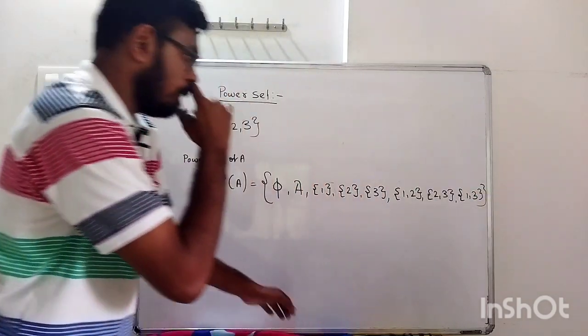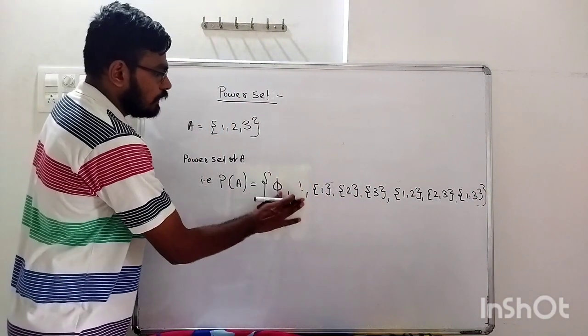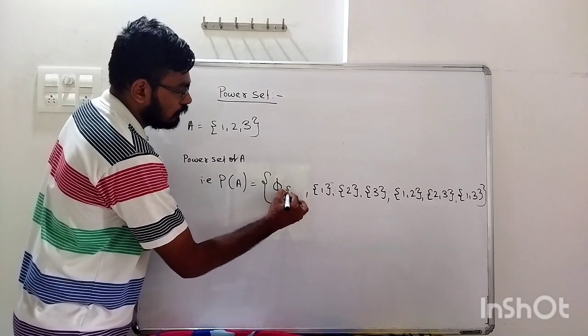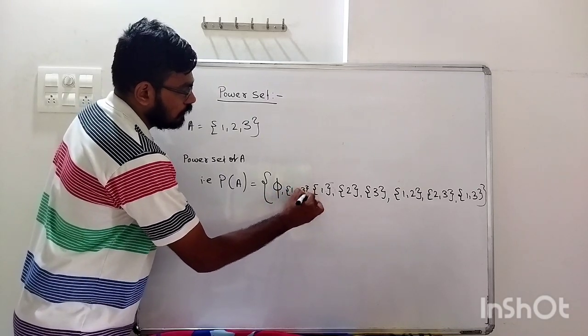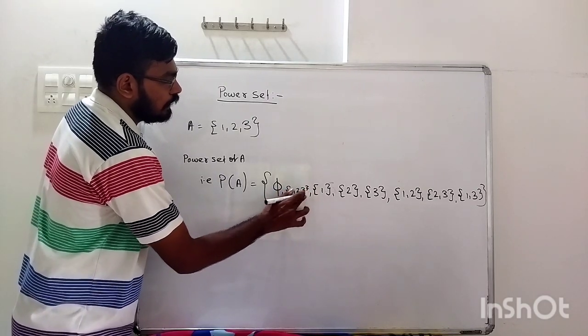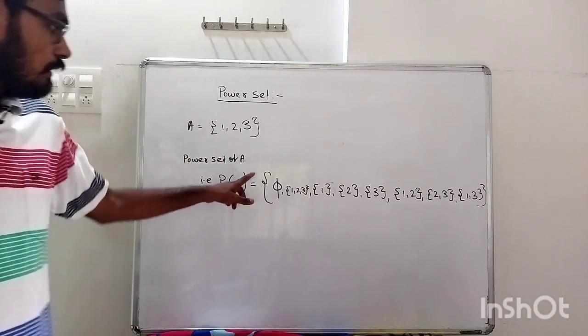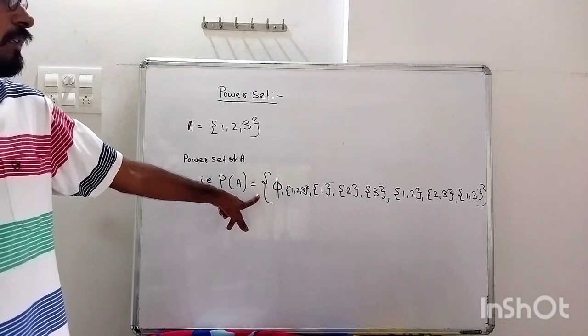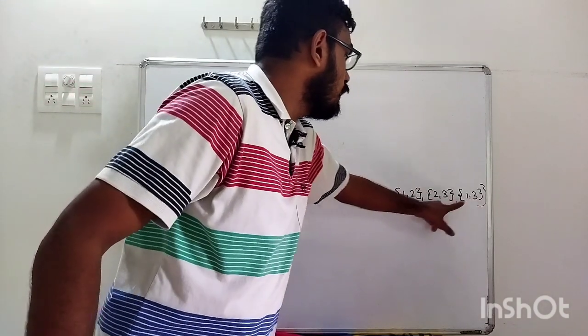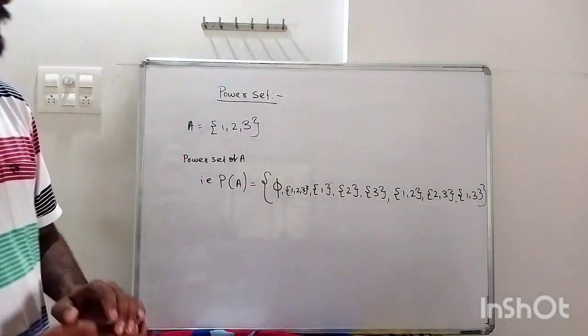Don't get confused here, this we can write 1 2 3 also if you want, or just write A there, no problem. So these are all the possible subsets of A. See, first curly bracket here, last curly bracket here, and inside that all the possible subsets are there.